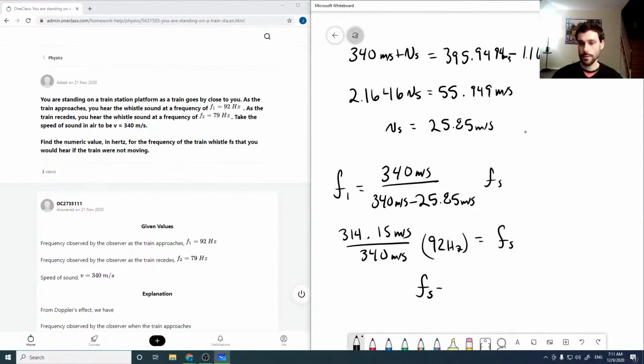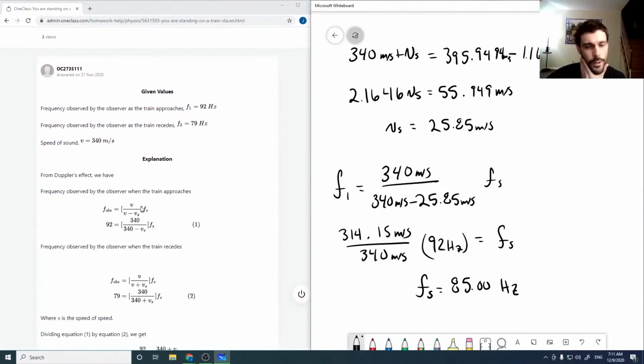So our source frequency is 85 hertz. So just running this through our calculator. So that's the numeric value of the train whistle's frequency.